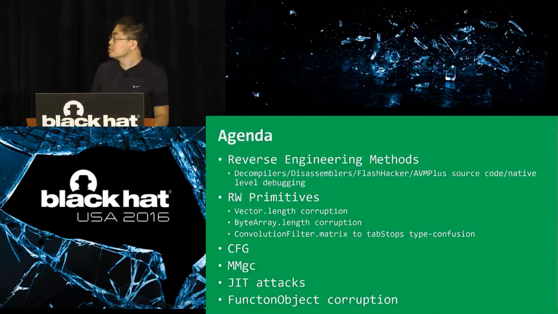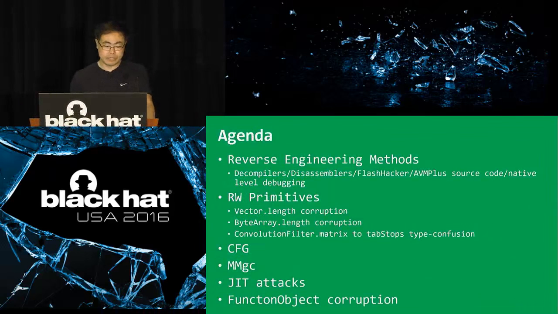So, the agenda. We are going to talk about the reverse engineering method for Flash exploits today. First, we will look into the method that we used and found effective. Next, we will go through real examples from the last few months or maybe few years. We will look into some RW primitives that are popular for Adobe Flash exploits.